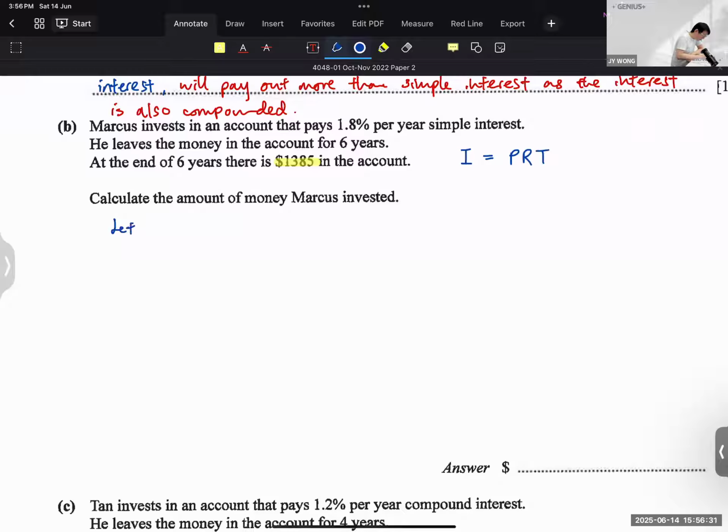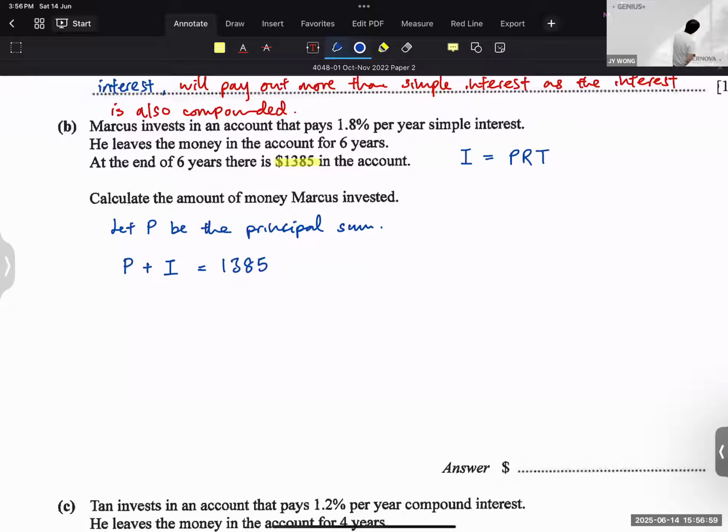So let P be the principal sum, so we know that P plus I is equal to 1385.